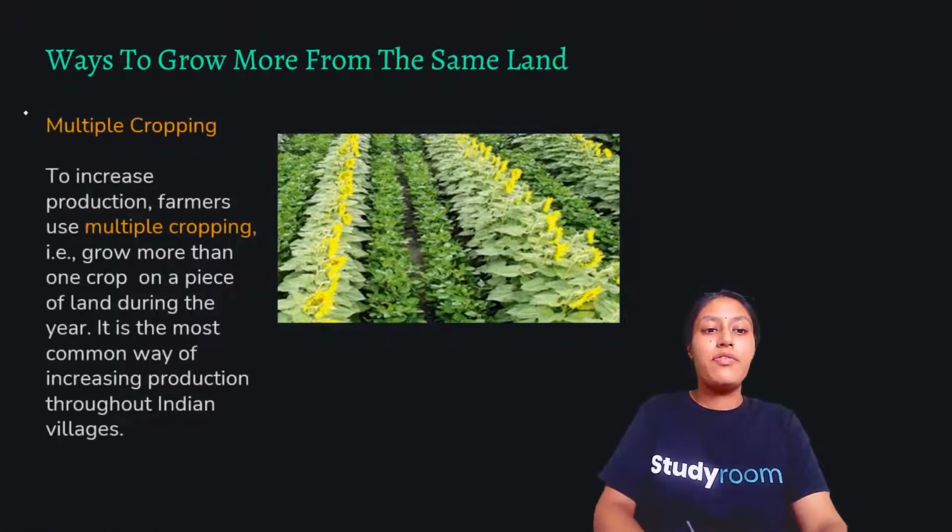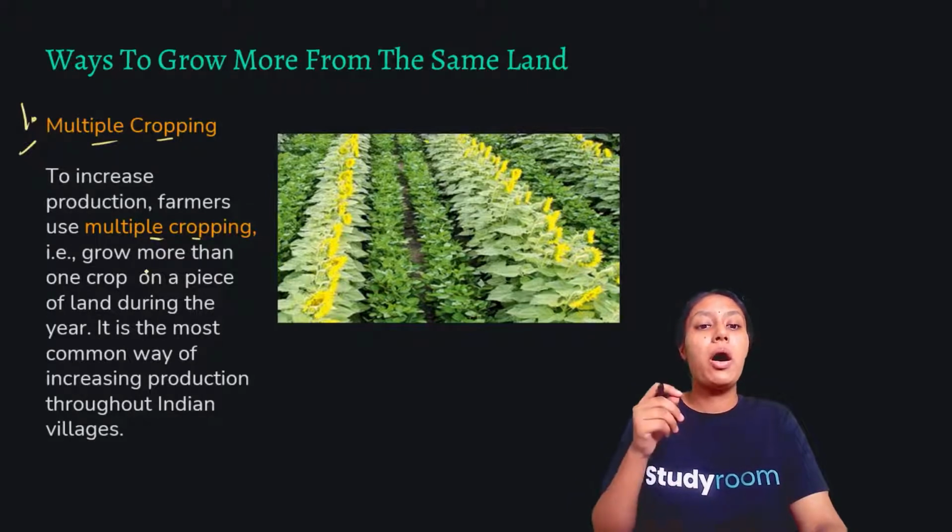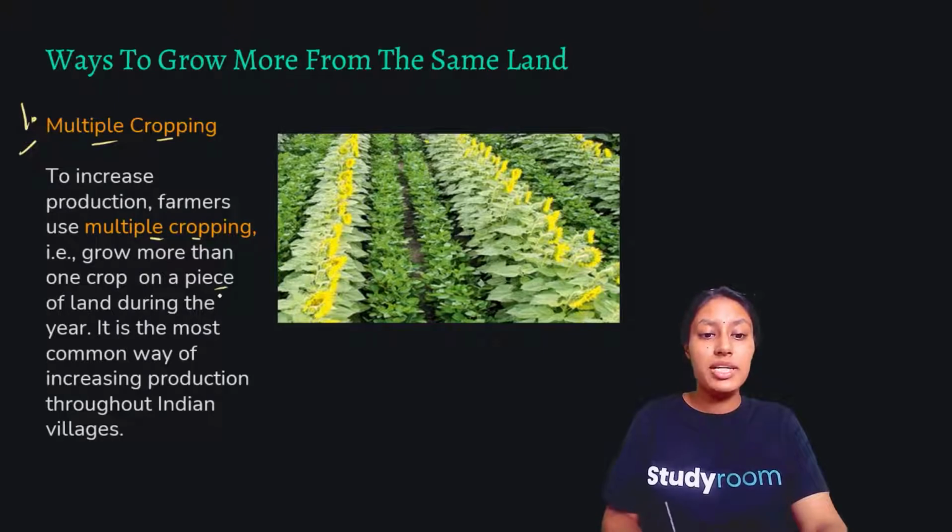The very first is multiple cropping. To increase production, farmers use multiple cropping. Multiple cropping means growing more than one type of crop on a piece of land.